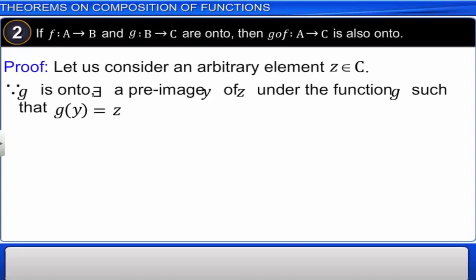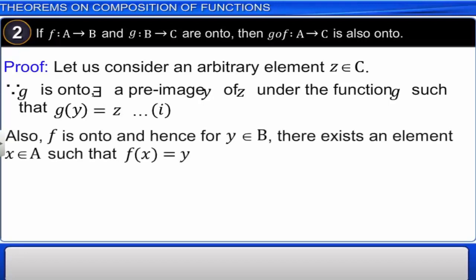Let us denote this by equation 1. Also, we are given that f is onto, and hence, for y belonging to set B, there exists an element x belonging to set A such that f of x is equal to y. Denote this by equation 2.